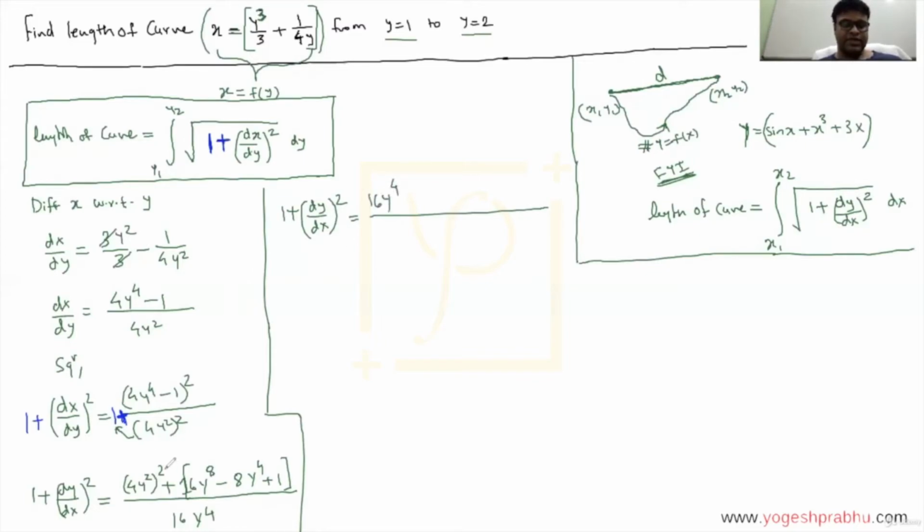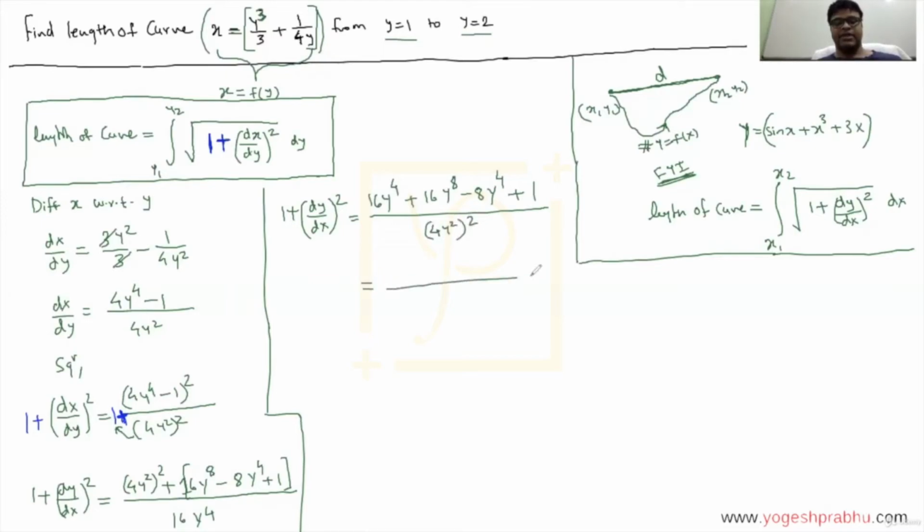It's the square of 4y square. Then this will be plus 16y raised to 8 minus 8y raised to 4 plus 1. All right. And then 16y raised to 4 is simply 4y square.